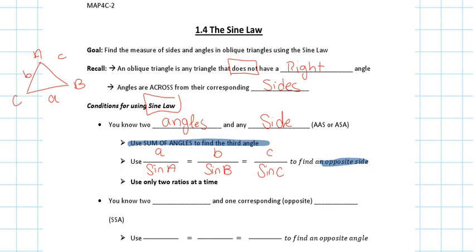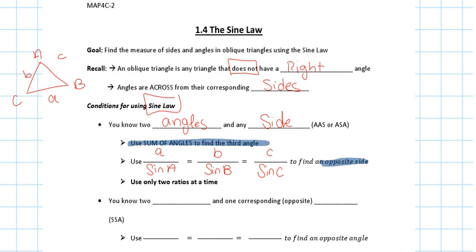So I will have three known values and one unknown. No matter which scenario we have, I'm going to have the two angles and one of the sides, and I'm going to look for the other side. Does that make sense to you? We're going to look at examples in a bit so you understand how to do it.